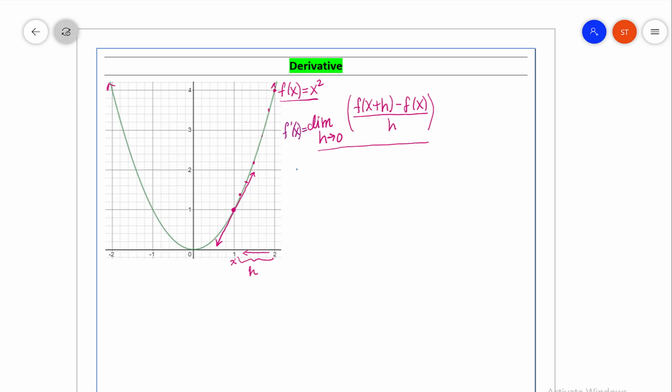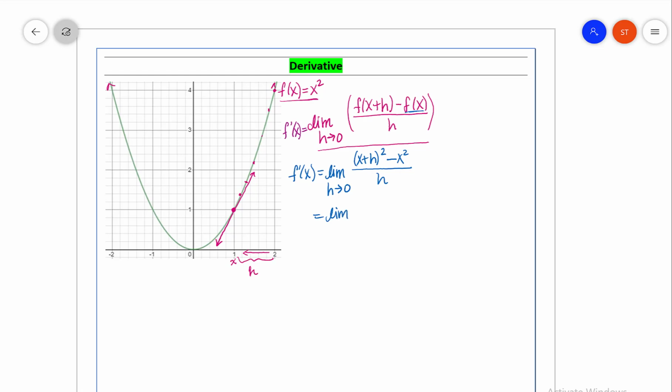We have f prime of x is equal to the limit as h approaches 0, replacing the x with x plus h. So f of x plus h is x plus h squared minus f of x, which is x squared, all over h.